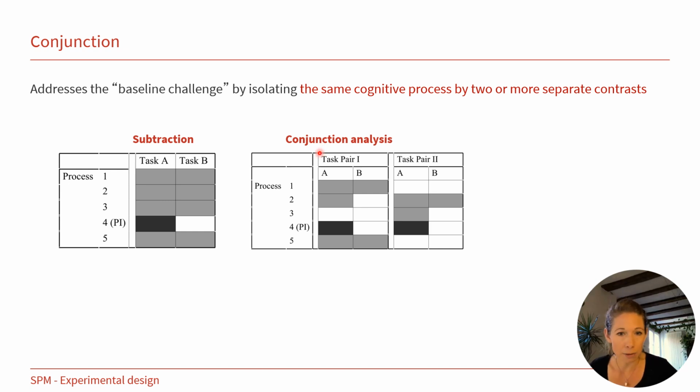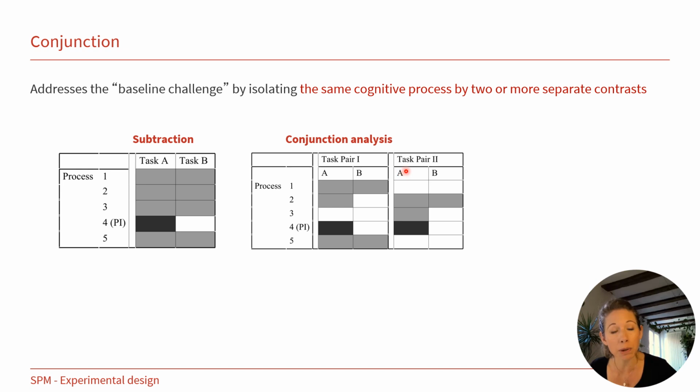Here again, we have one task pair, but also a second task pair. Both task pairs include the contrast, process 4, which is our process of interest. Now, in task pair 1, which are conditions A and B, those two conditions are perfectly matched with regard to process 1. They're not matched with regard to process 2. There is no process 3 involved. They're not matched on our process of interest, of course, and they're perfectly matched with regard to process number 5. So when we do the cognitive subtraction here, we're left with effects of process 2 and process 4.